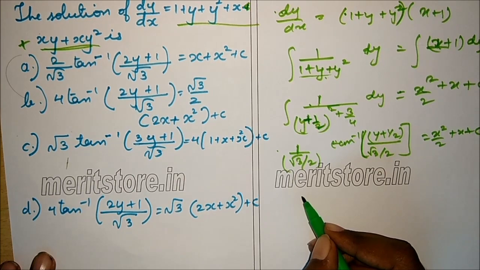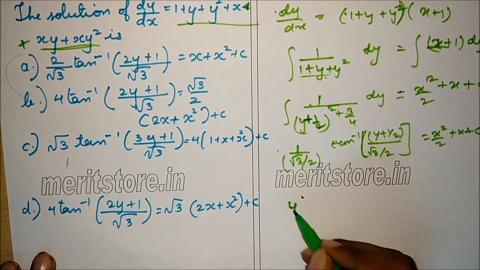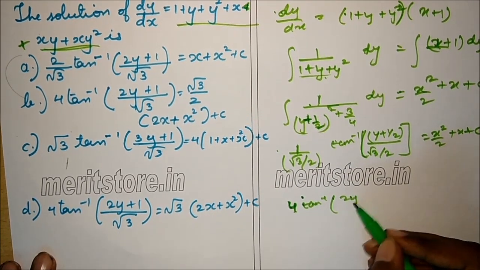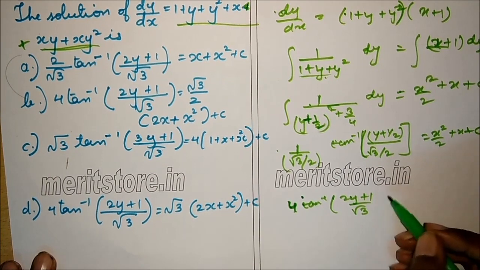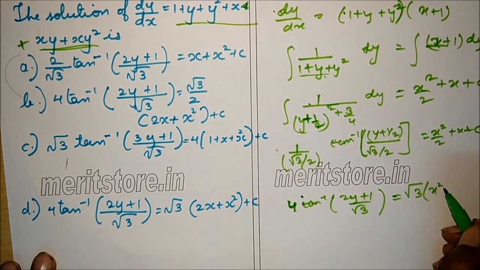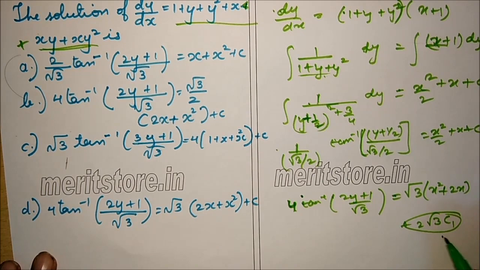So shuffling the terms, we will get 4 tan inverse of 2y plus 1 by root 3 is equal to root 3 times x square plus 2x plus 2 root 3 c1.